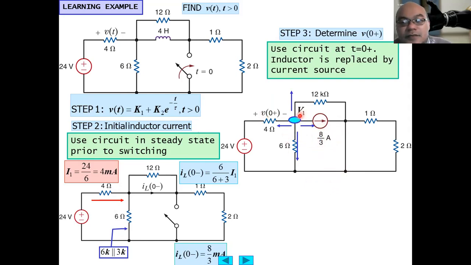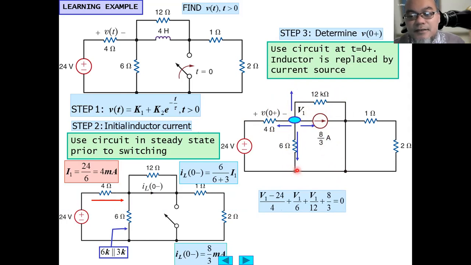Okay, so using Kirchhoff current law (KCL) at this node, we obtain (V1 minus 24) divided by 4, plus V1 over 6, plus V1 over 12, because this is connected to ground. Since now it is switched on, it is now connected to ground, short circuiting the circuit at this node.